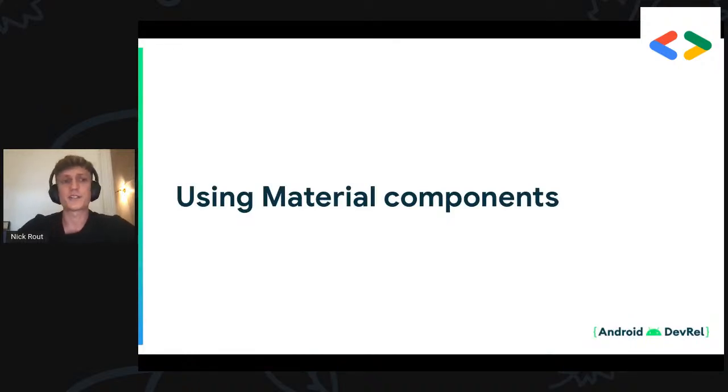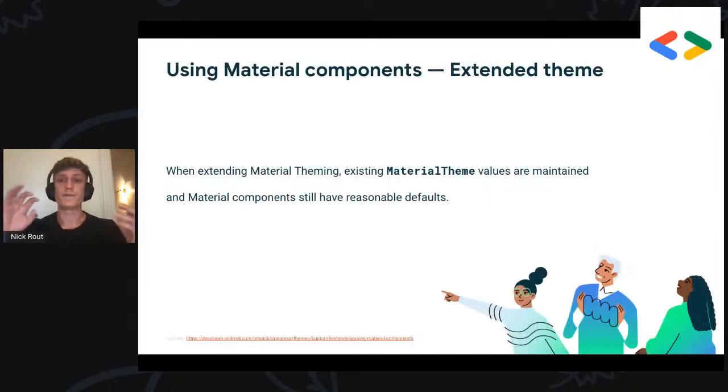The last topic I want to touch on is using Material components in a world where you've implemented a custom design system in this way. While you may want to tweak your theme, and maybe even entirely replace MaterialTheme to provide different themable values or extend on top of Material, you may still wish to use the pre-built Material components, things like buttons, chips, cards, etc. These components are actually built to have their default values come from MaterialTheme.